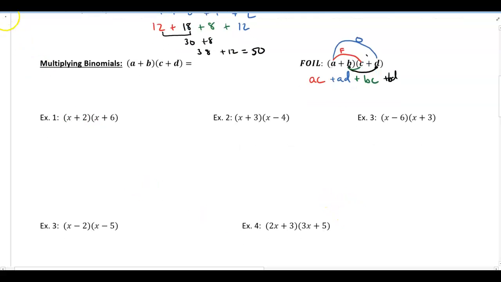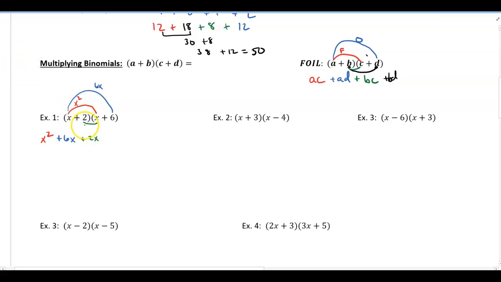So when we look at these examples, I'm going to follow that system. I'm going to multiply my first terms together. That's x times x, which is x squared. Then I'm going to multiply my outer terms, x times 6, which is 6x. Then I'm going to multiply my inner terms, the 2 and the x, which would be plus 2x.